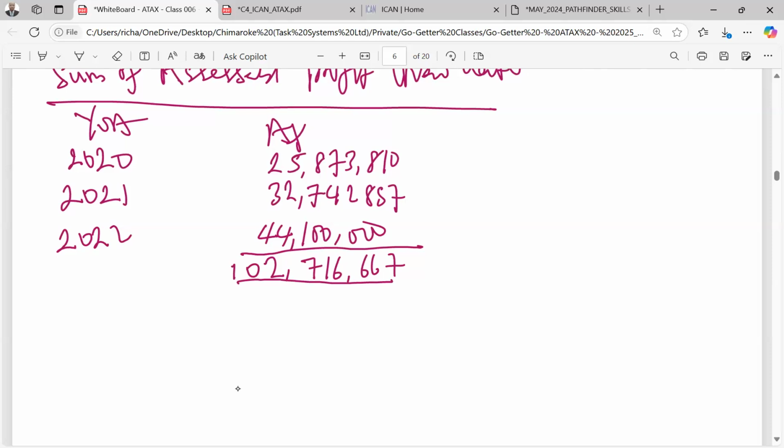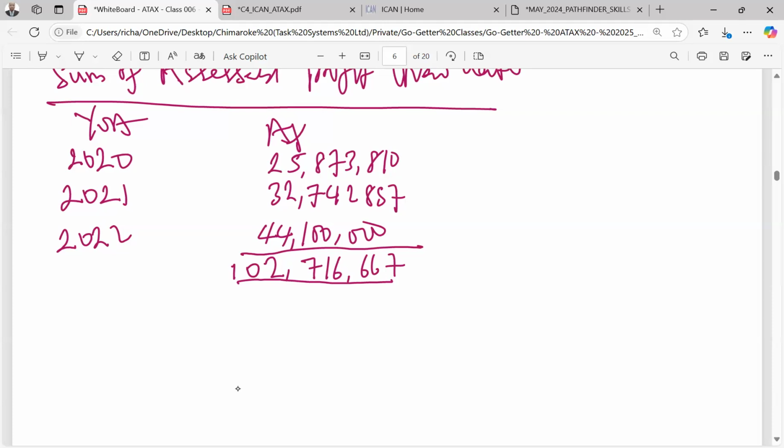Good. I had to take it like this for education purposes. But in the exam, what you will do is this. You will do the old basis. You only look for the assessable profit. At this time, you don't need to put capital allowance and your tax. Just look for assessable profit for the first year, the second year, the third year, and you simply add them.